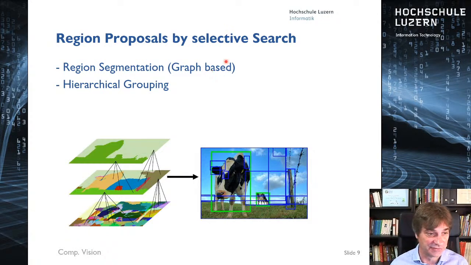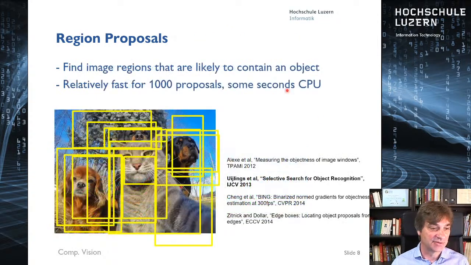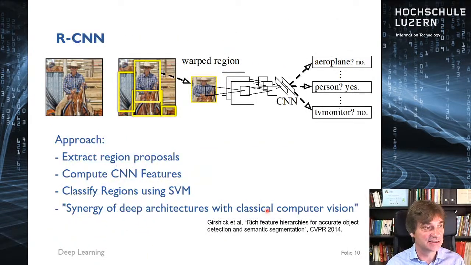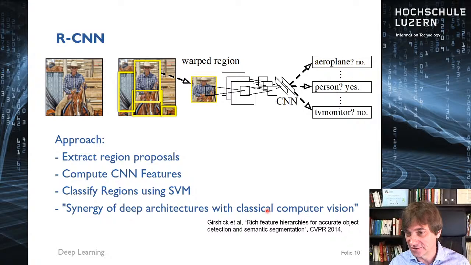And that you would use as a proposal. There are some other methods that use other forms of region proposals. But we will see this is just a start with the RCNN. Later on, some other methods have been used for region proposals.